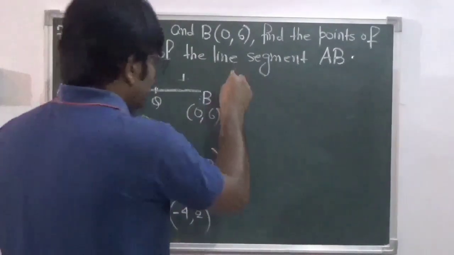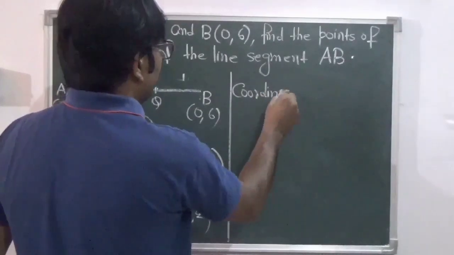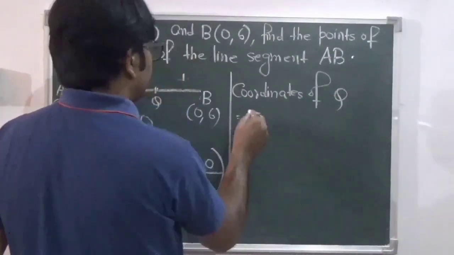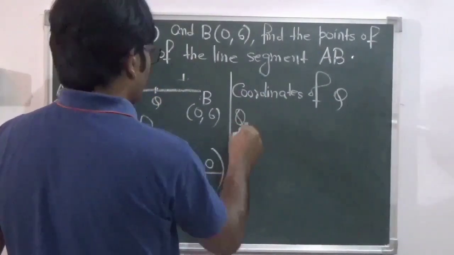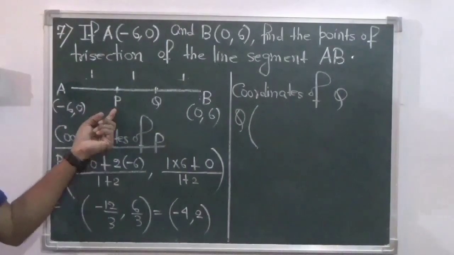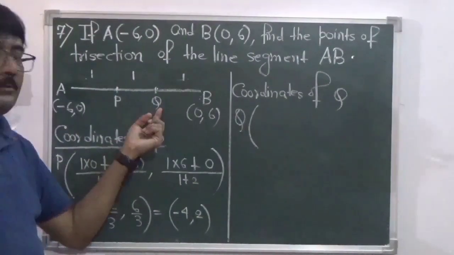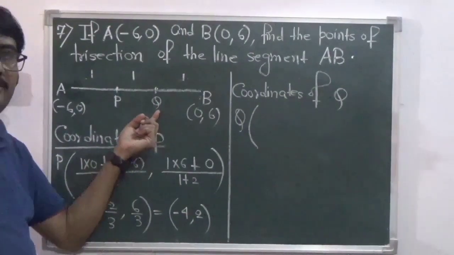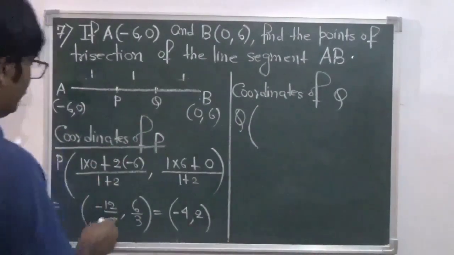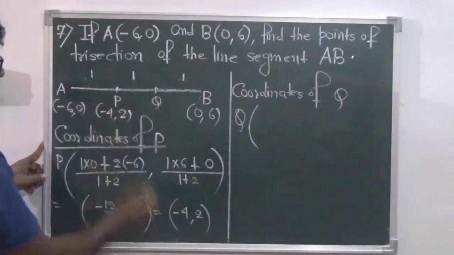So the coordinates of Q. Since we have already applied the section formula for the point P, here I am applying the midpoint formula for the values of Q. So that will be P. What is P? Coordinates are (-4, 2), that we have just now found.